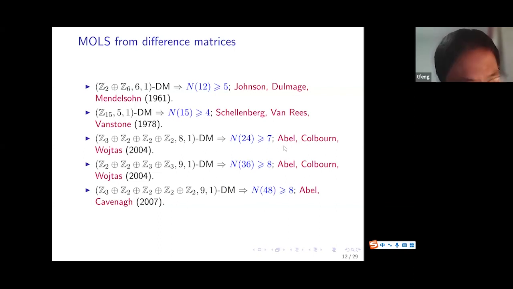You mean how they construct it, or what's the technique, you mean?